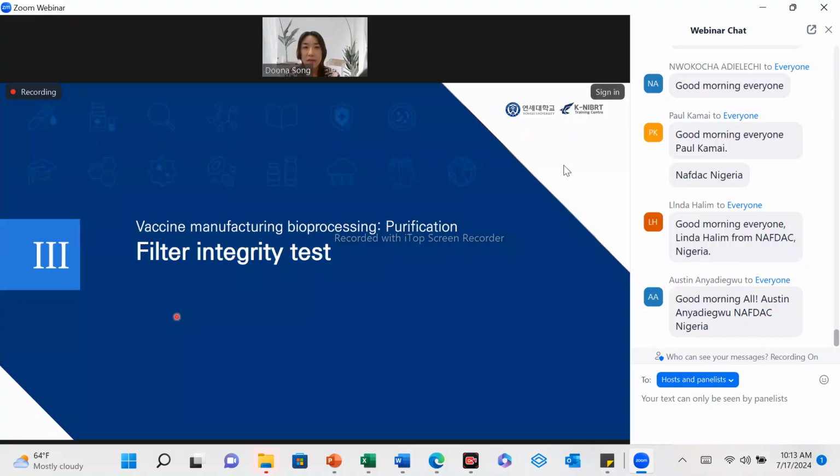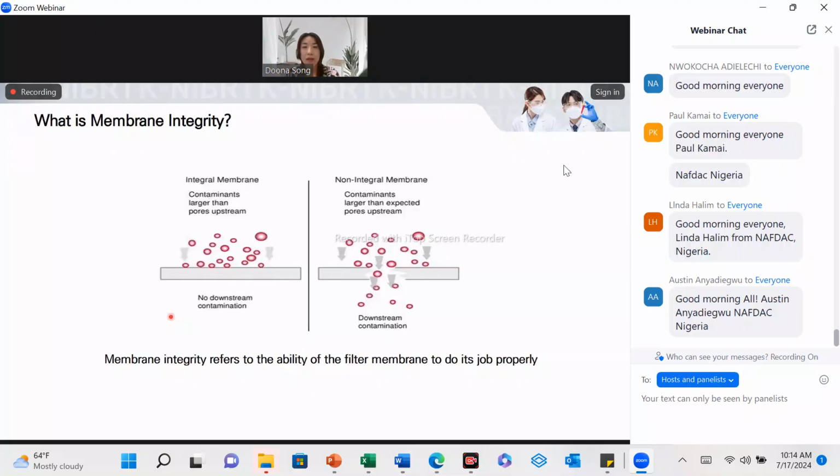Next is the final chapter, the filter integrity test. So, what is membrane integrity? Membrane integrity means the filter membrane can do its job correctly.